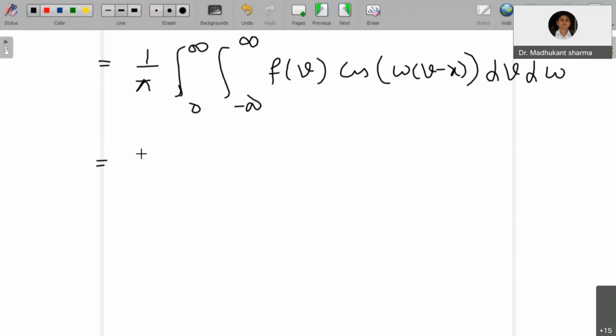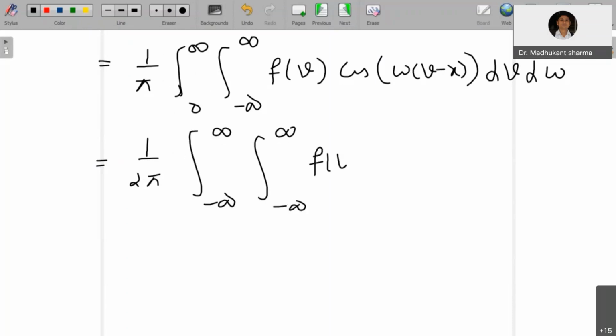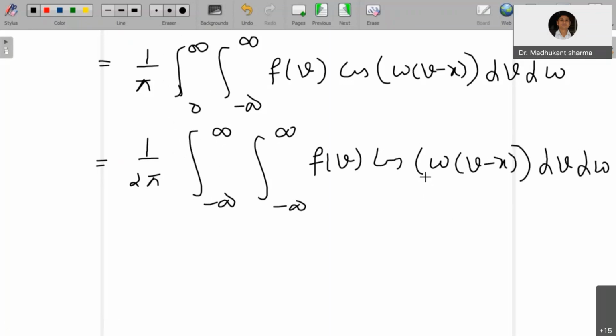I'm again rewriting it as 1 upon 2 pi, with the limits now integration minus infinity to plus infinity, integration minus infinity to plus infinity, f of v times cos of w times (v minus x), dv dw, because the cosine function is an even function with respect to w. Okay, f of v and dv are only related with this integral with the dv.